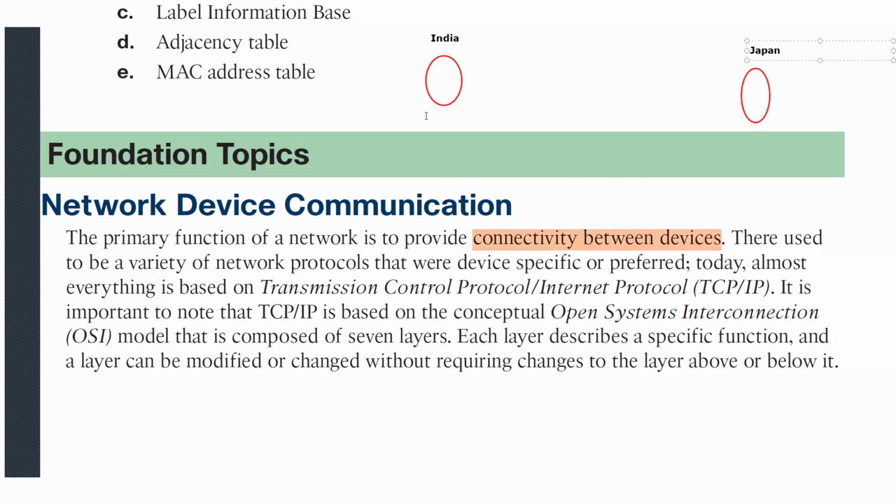The person from India will speak his mother tongue, which is Hindi, and this guy will speak what? Japanese. Now imagine they are communicating with each other. This guy is speaking in Hindi and this guy is speaking in Japanese. Will there be any communication? No.